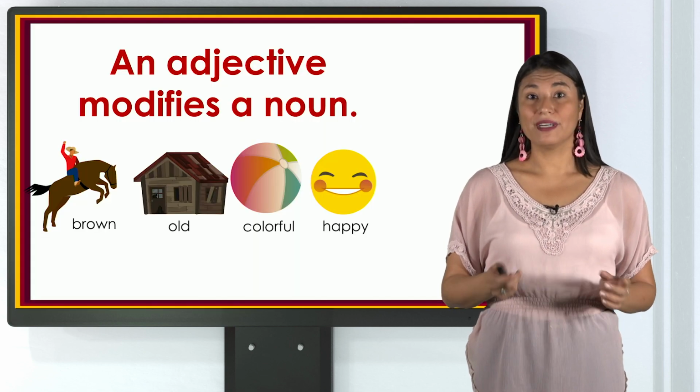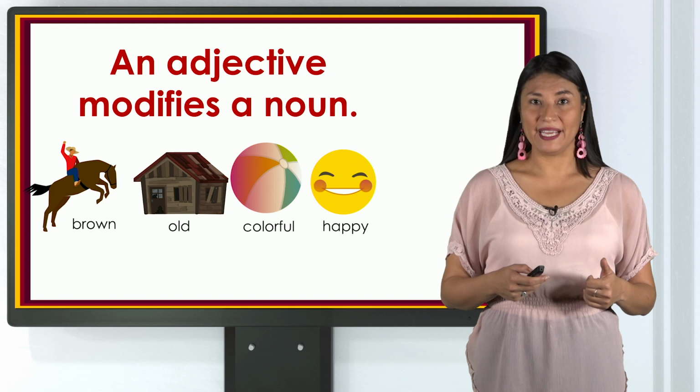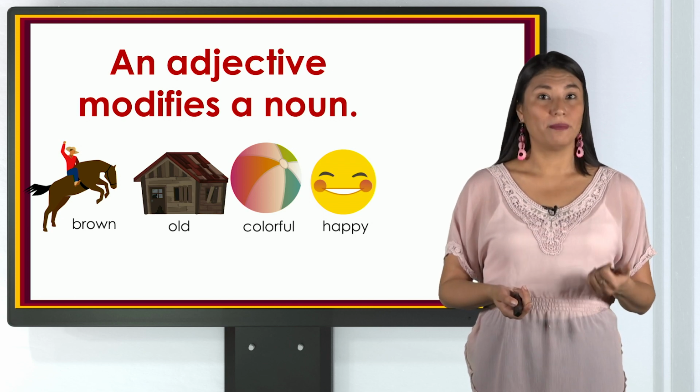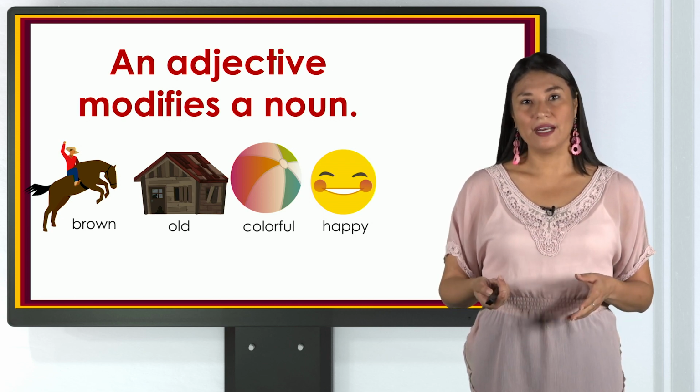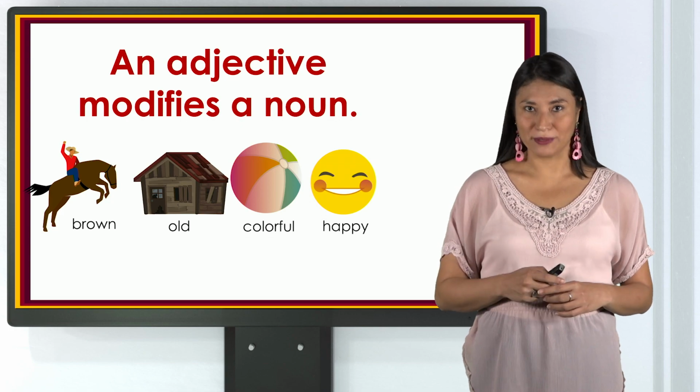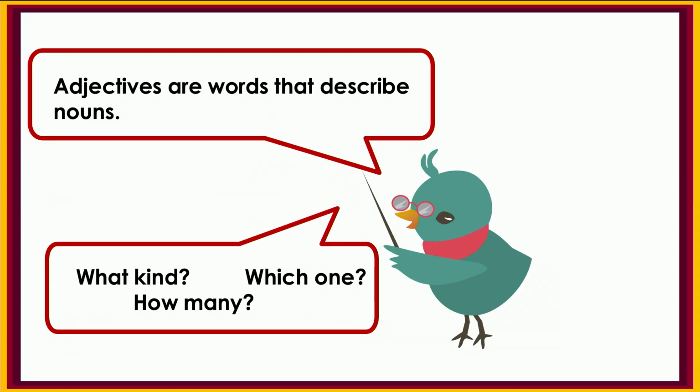As we said before, an adjective modifies a noun. For example, brown, old, colorful, and happy are examples of adjectives. Adjectives are words that describe nouns, and they answer three questions: what kind, which one, and how many.